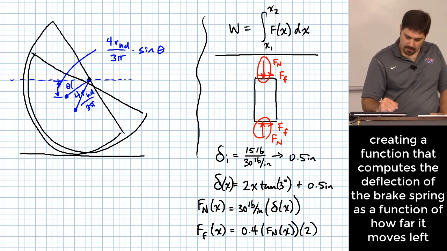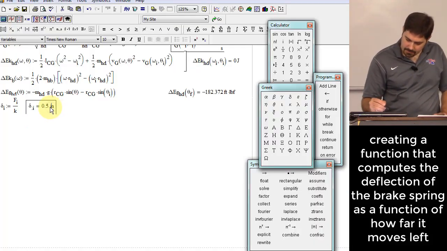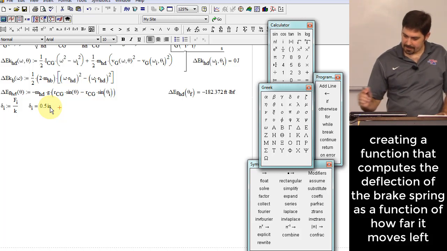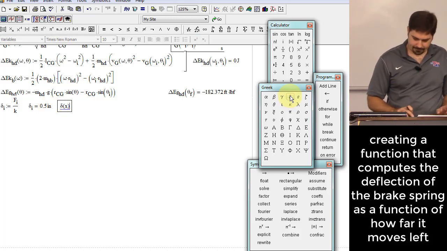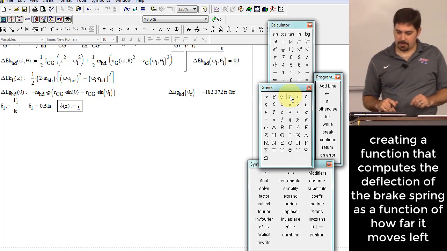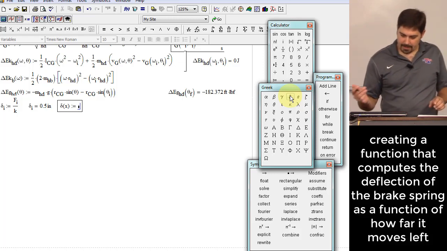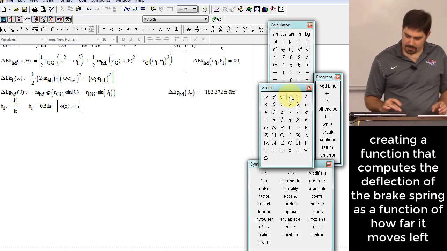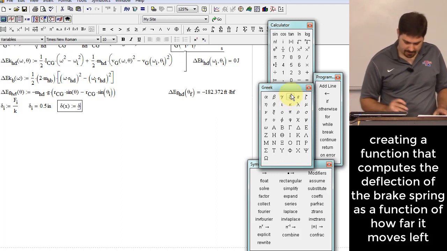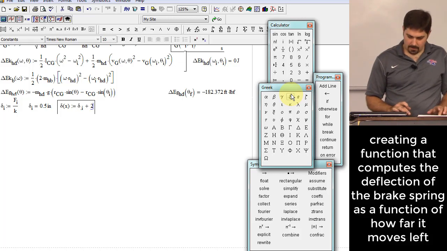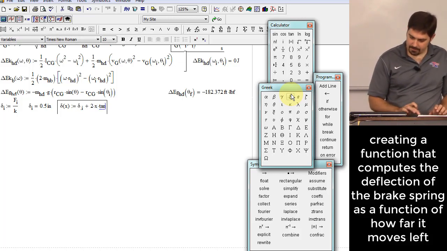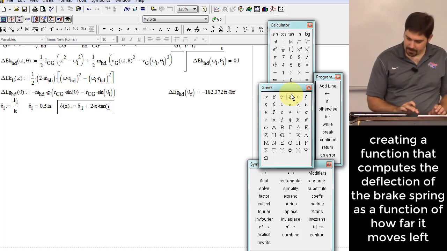Okay. All right. So first of all, delta as a function of x is going to be equal to 0.5 inches, or I called that delta I, plus 2 times x times the tangent of 3 degrees.